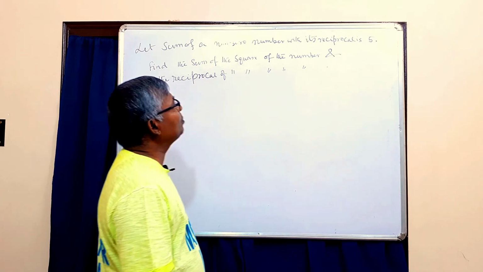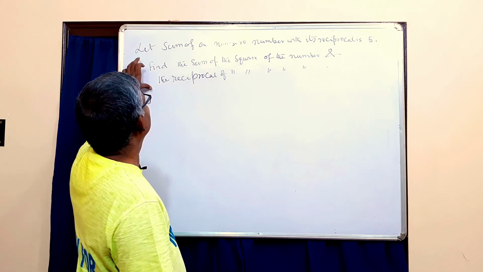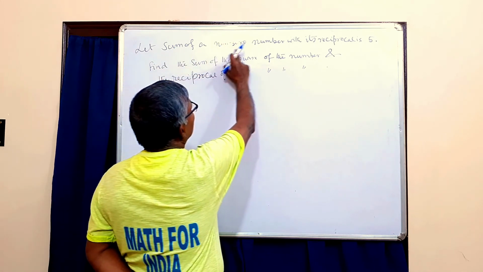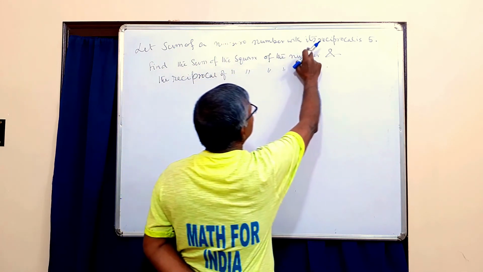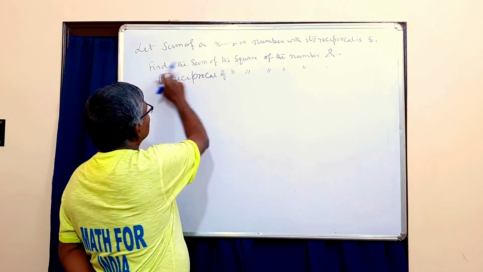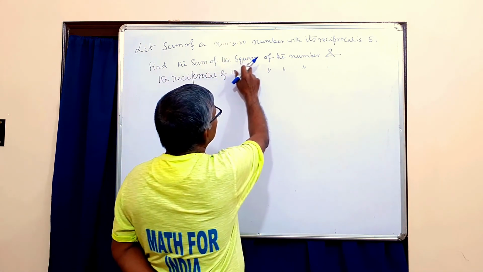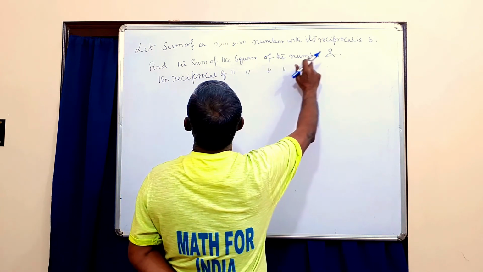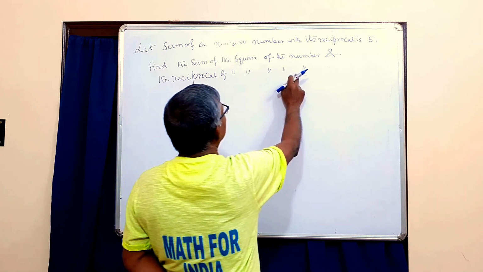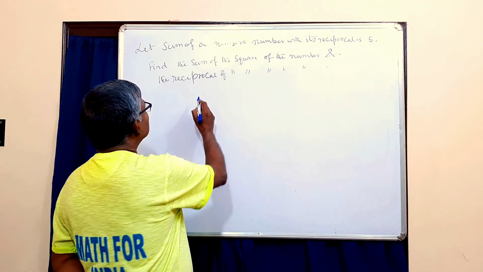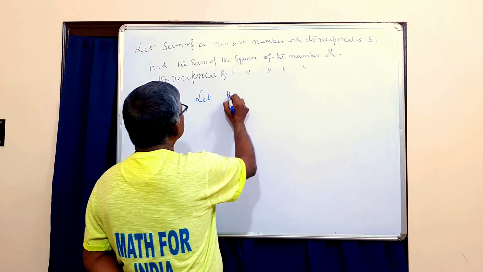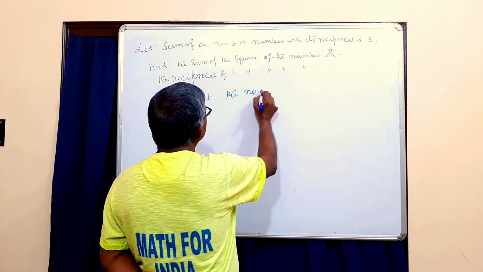Students, let us solve an interesting problem. Let the sum of a non-zero number with its reciprocal be 5. We have to find out the sum of the square of the number and the reciprocal of the square of the number. Suppose the number equals x.